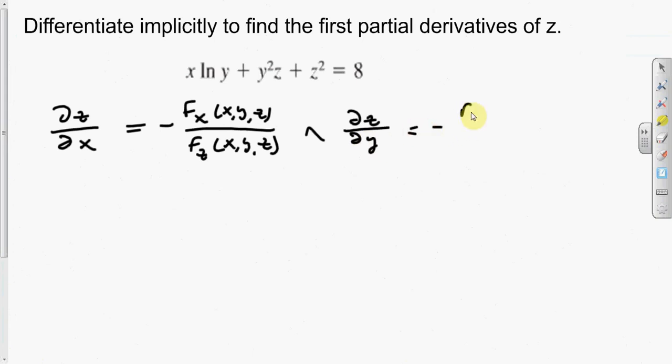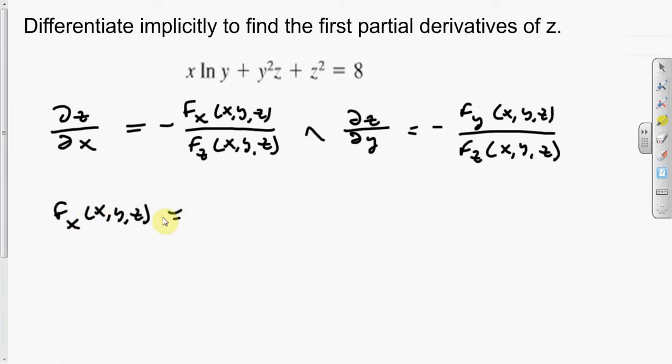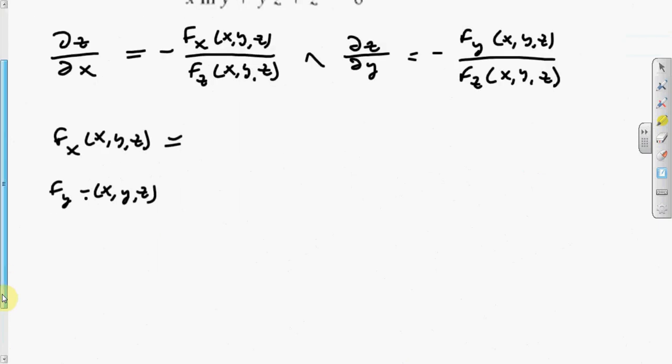This is negative capital F sub y of x, y, z all over capital F sub z of x, y, z. All right. Three things that I want to find separately. I want to find the partial of f with respect to x of x, y, z. Find that. Find the partial of f with respect to y of x, y, z.